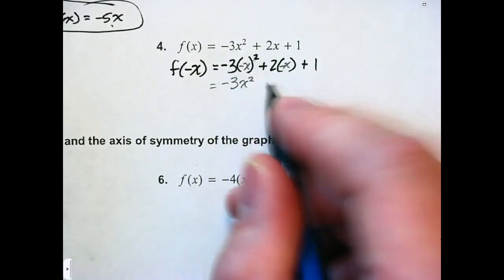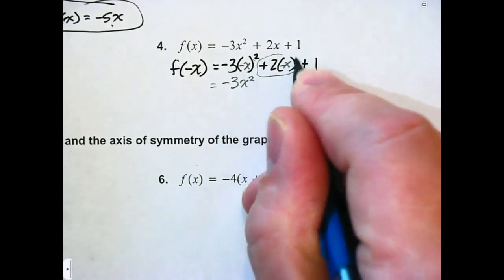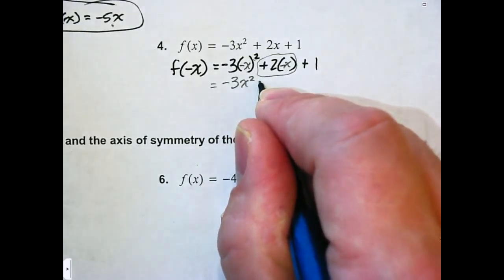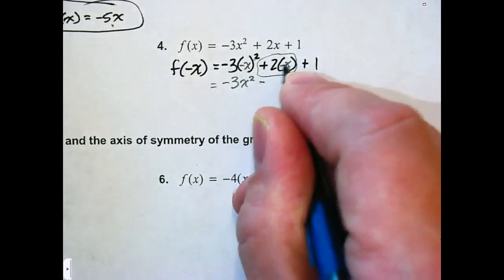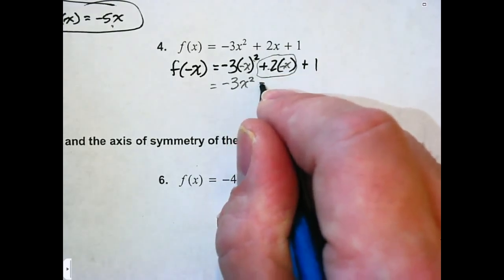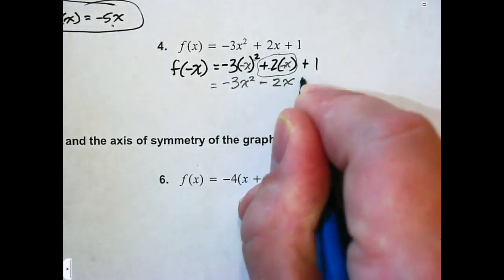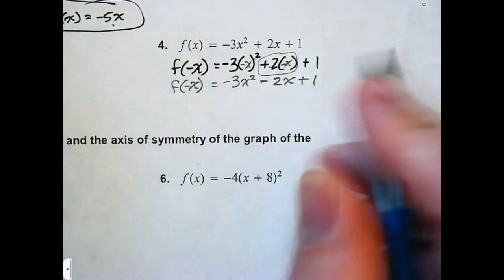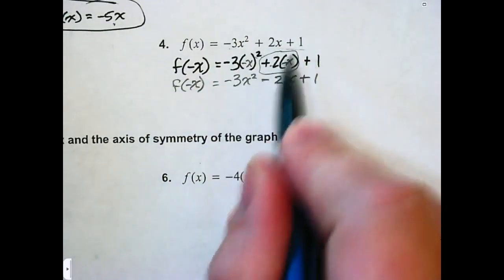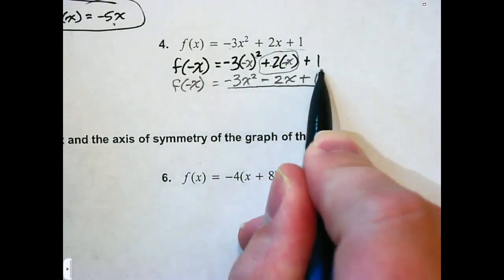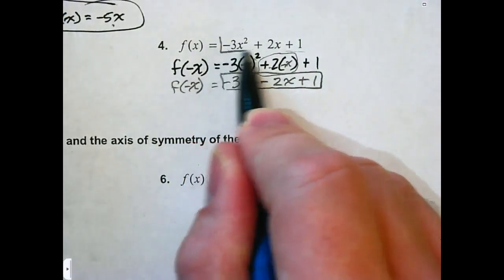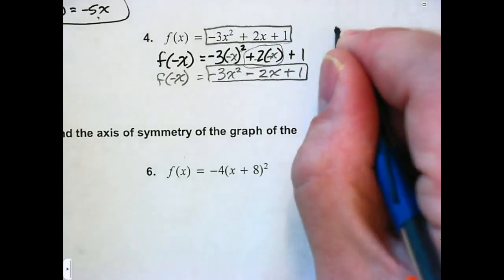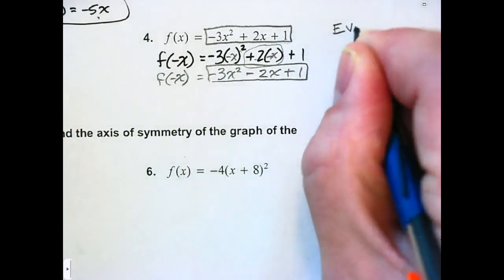So it doesn't change it. What happens here? It's negative x times 2, negative 2x, plus 1. So is f of negative x the same as f of x? Does that match up to that? No. So that means it's not even.